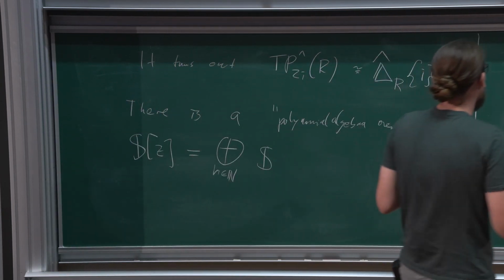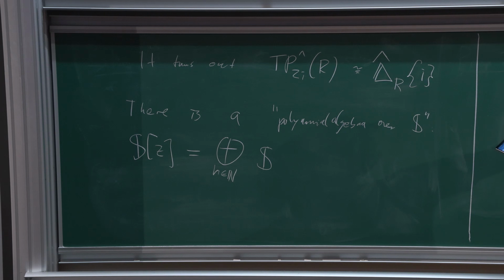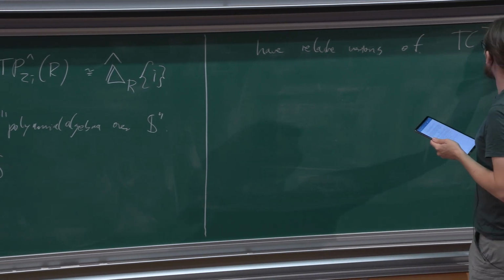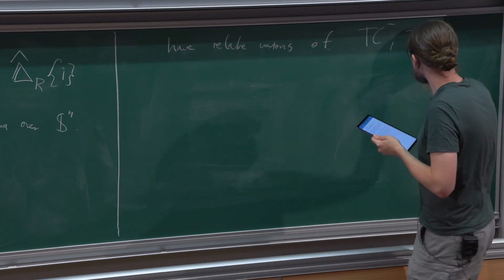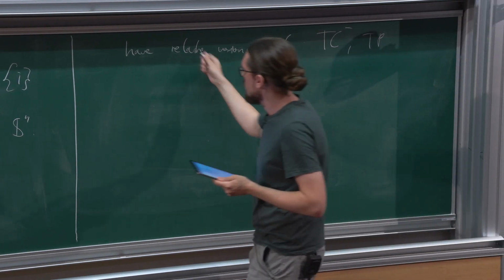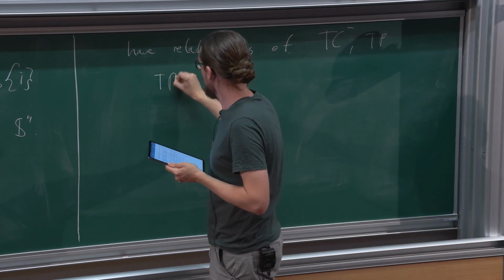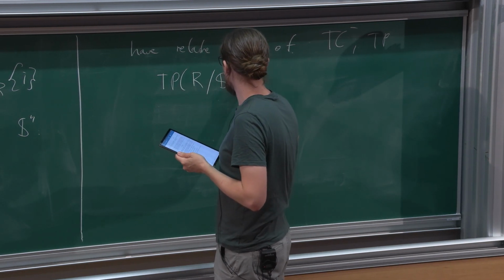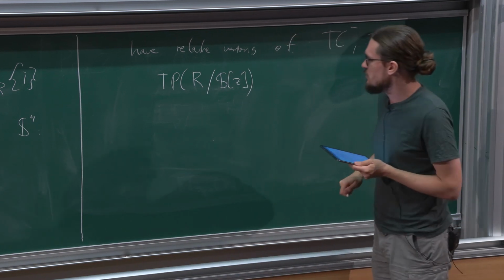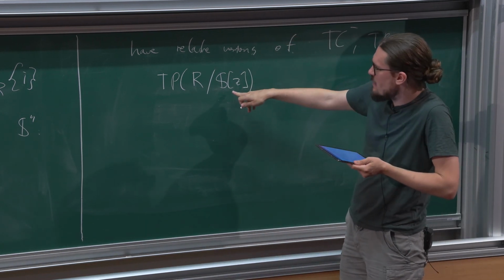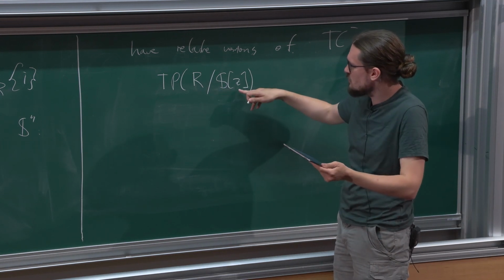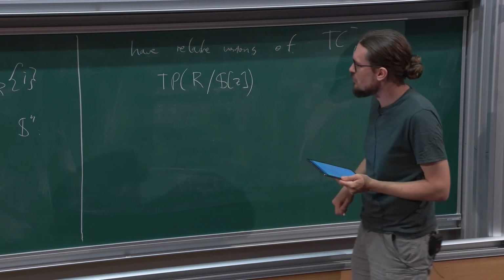And you can also look at relative versions of TC minus and TP, where you just work relative to S adjoin Z. So you have to specify some map from S adjoin Z to R, but since R is discrete, that just amounts to saying where the element Z has to go to.